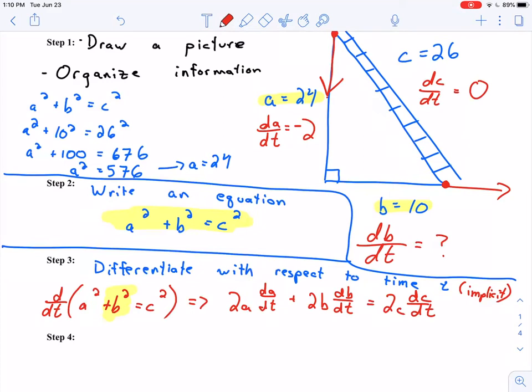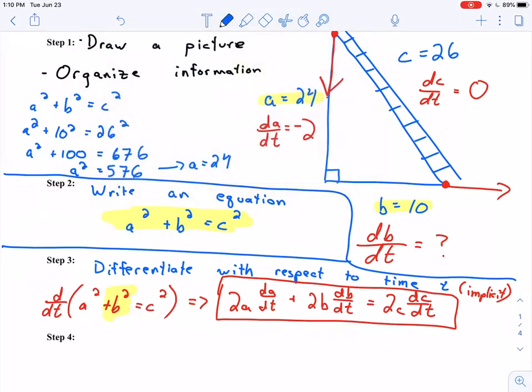Once you have your derivative, that's all I need from this step. So you're going to take the derivative of your function with respect to time, using implicit differentiation to find your derivative with respect to t.